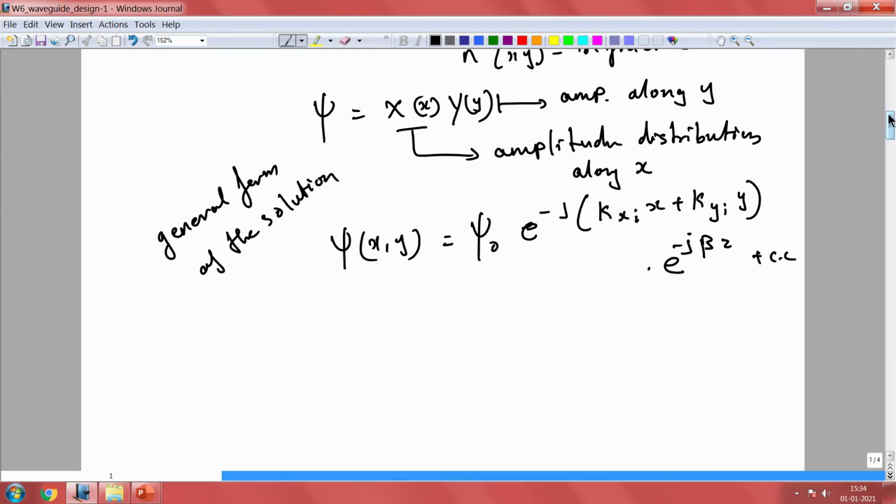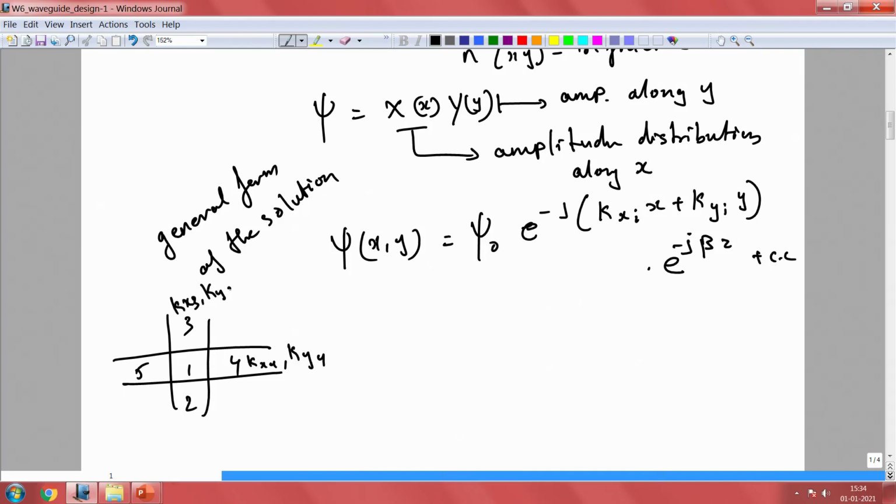So, k x i and k y i depend on which region you are in, right. When you take regions 1, 2, 3, 4 and 5, in this case it will be k x 1 and k y 1, here it will be k x 4, right, k y 4, right. Similarly, here k x 3 and k y 3. So, it is based on the region that you work with.